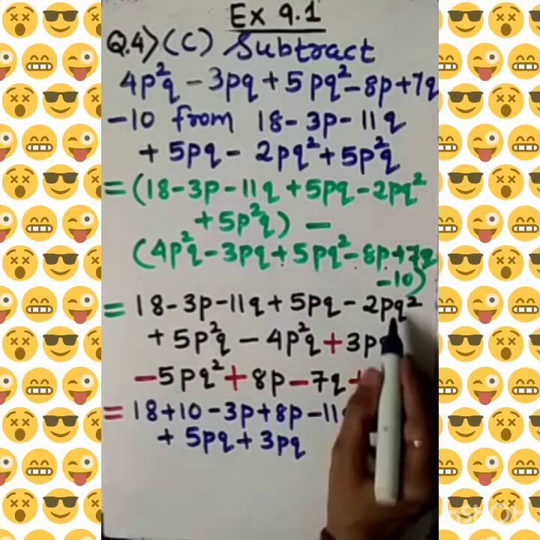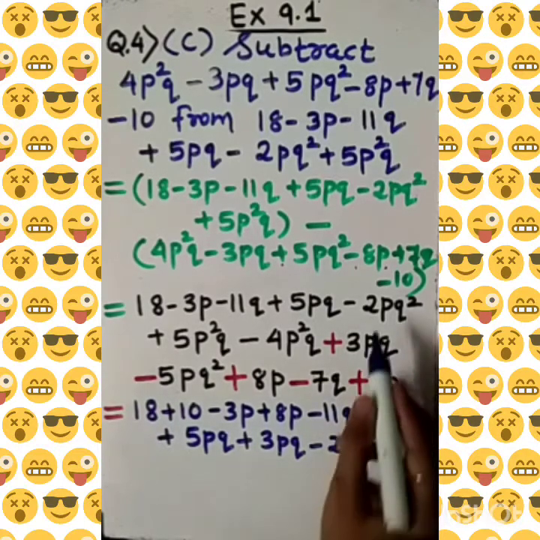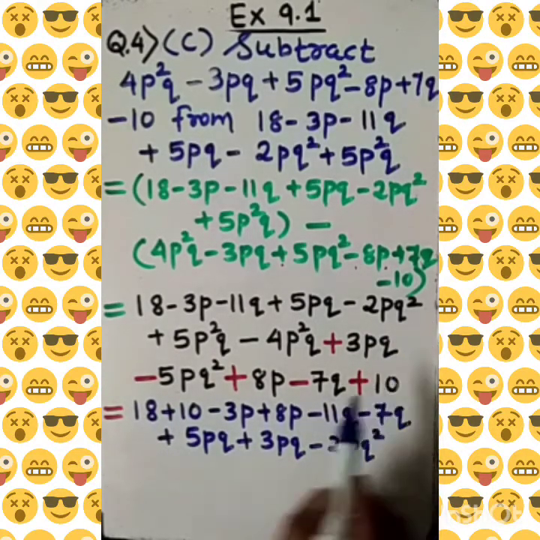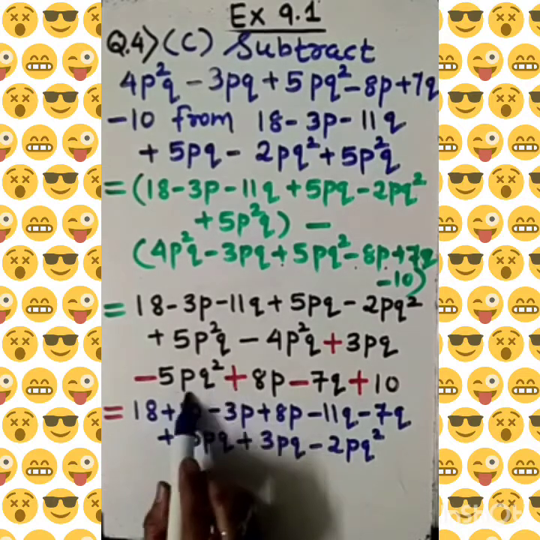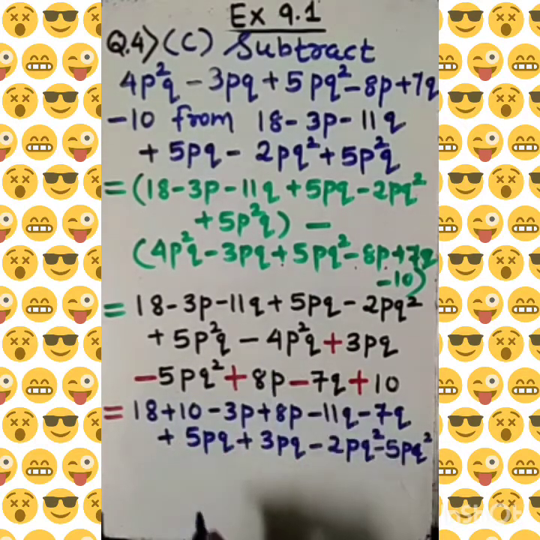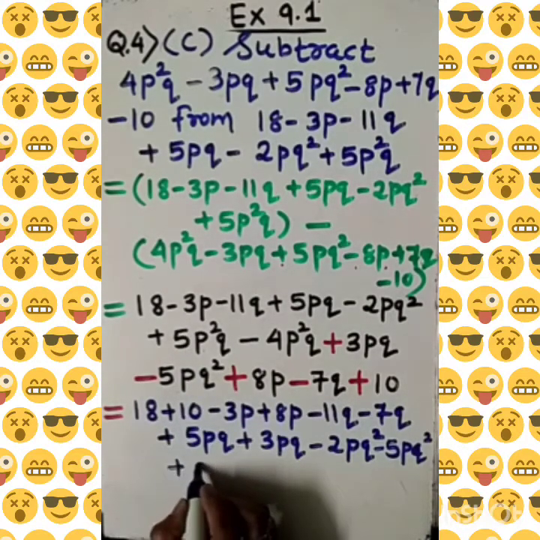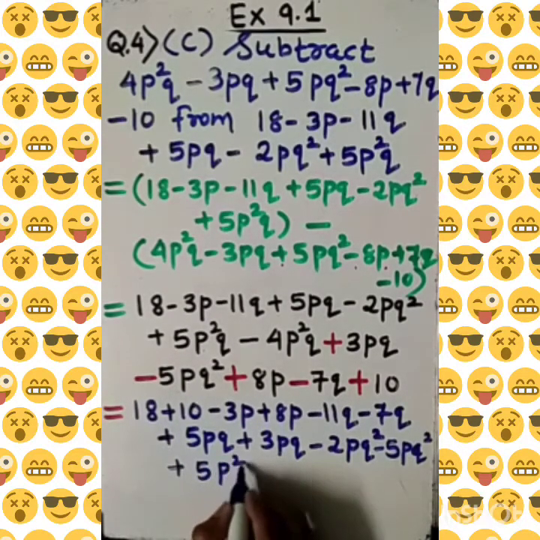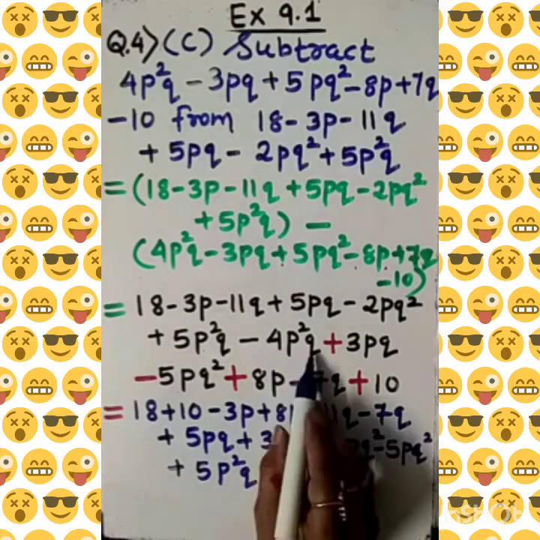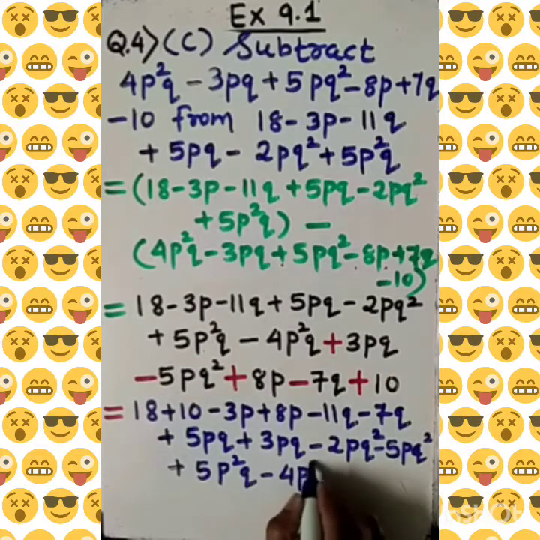Now here minus 2pq square. The pq square term is this pq square, so let's write it here minus 5pq square. And then this 5p square q. The p square q term is already written, minus 4p square q.